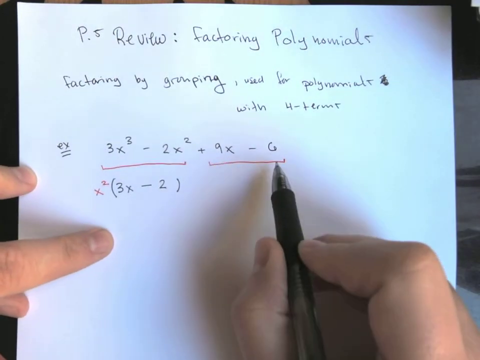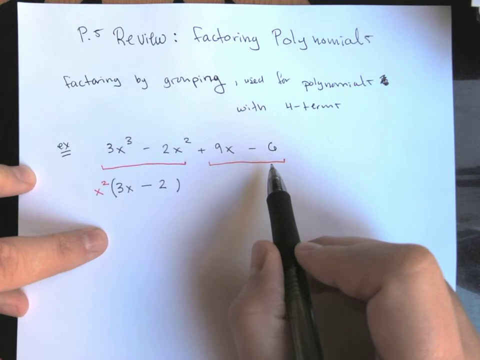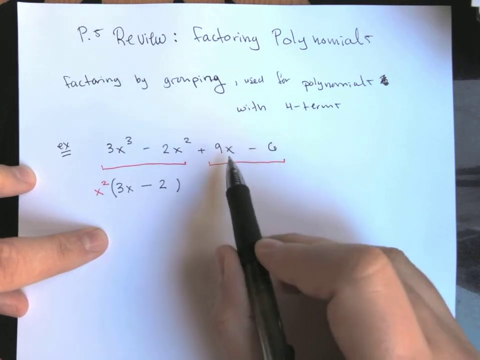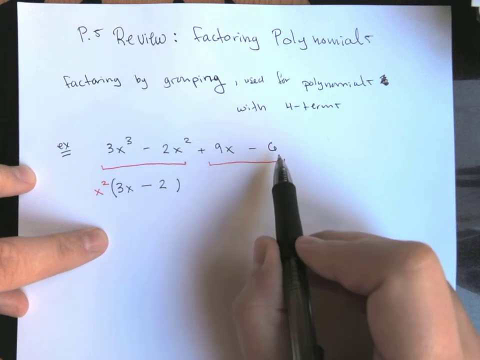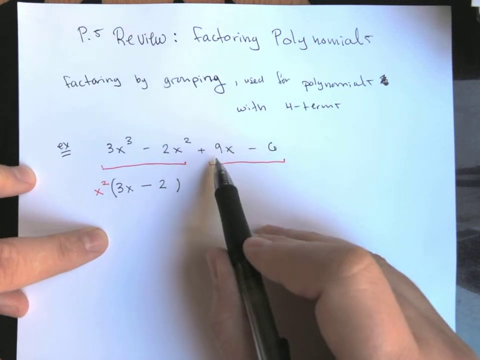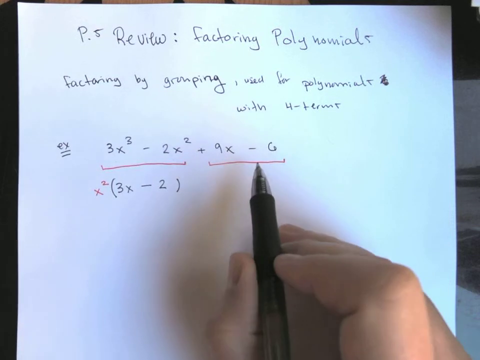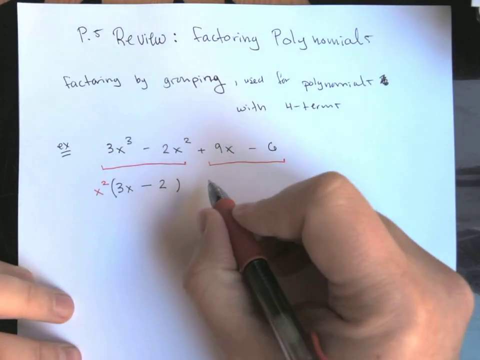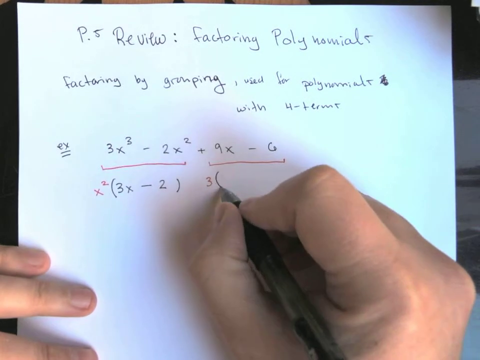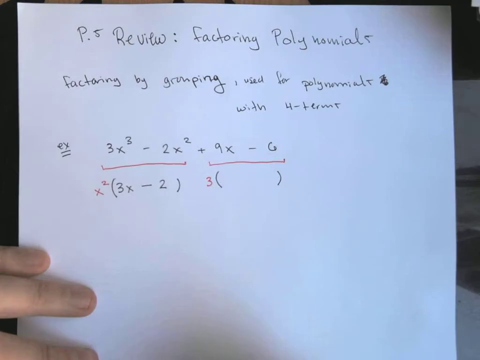For the second pair, we're going to do the same idea. Now we have the opposite situation where we don't have enough x's in common, 1 x here and no x's here, so we can't pull out any x's, but we do have some numbers in common. 9 and 6 both have 3 as a factor, so I can take a 3 out in front, with parentheses for what's left over.